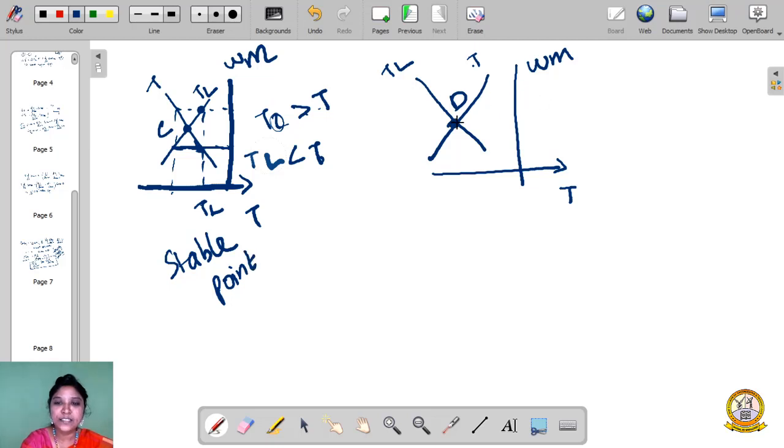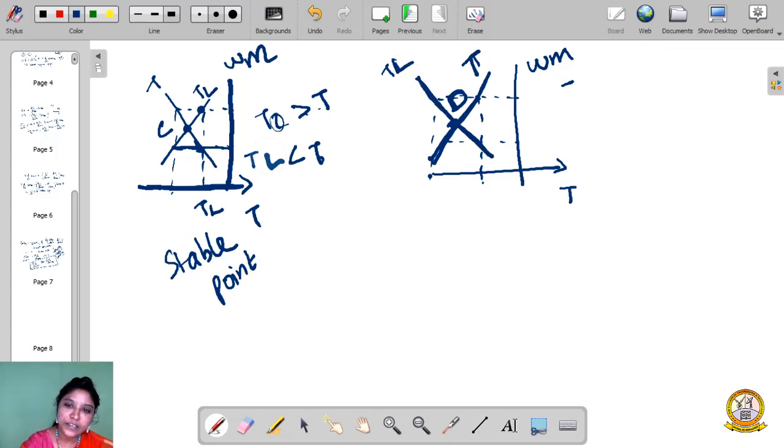Similarly, if we take this example, point D, we are increasing and decreasing the speed. So what happens in this case? This is the motor torque T and this is the load torque TL.